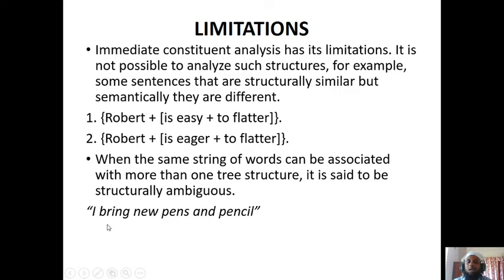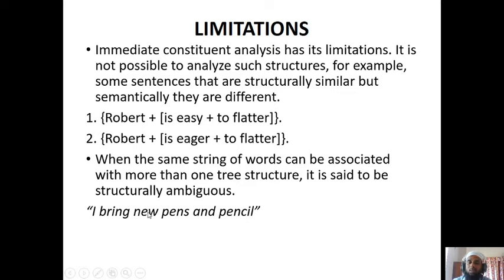For example, I bring new pens and pencil. Though you have only one word after and, a coordinator, indeed you have all these things. I mean, I bring new pens and I bring new pencil. And also here new, the adjective, refers to only pens, or pencil or pencils are also new here.